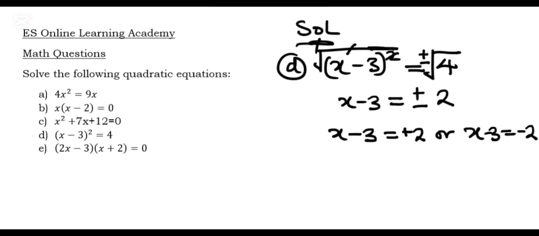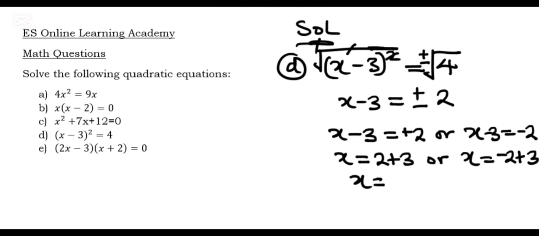Solving for the first one, we simply take negative 3 to the right side. So this is going to give us x equal to 2 plus 3. Or for the other one, x equal to negative 2 plus 3 also. Then x equal to, for the first one, 2 plus 3, that is just simply 5.